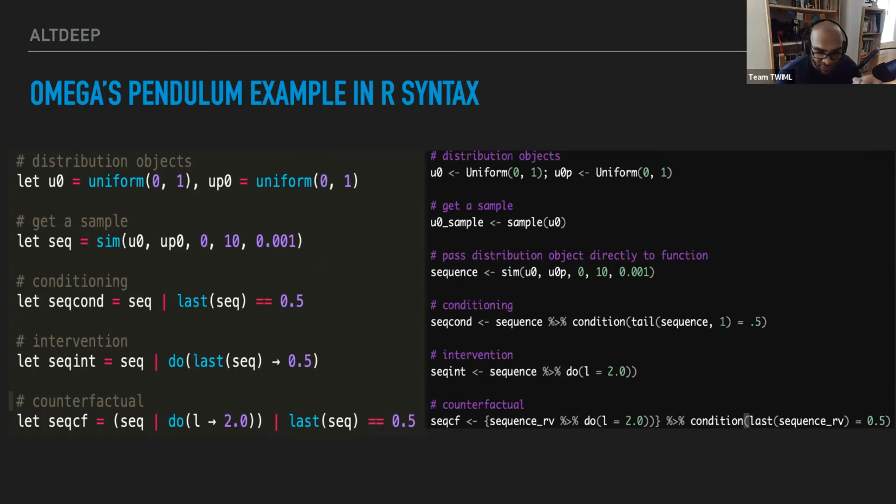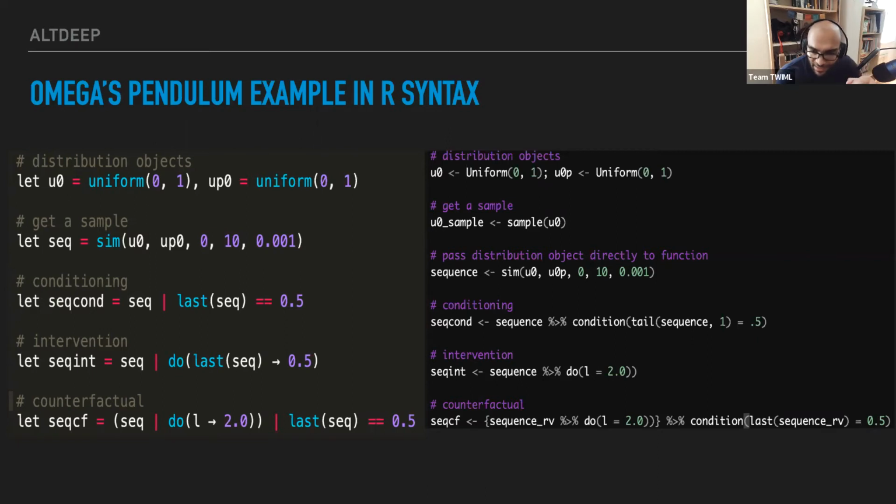It does feel very intuitive in terms of the twin-world counterfactual, where we observe that the last element of the sequence is 0.5, and then we condition an intervention model on that outcome and use that to get our counterfactual. That corresponds with Pearl's abduction, action, prediction algorithm in twin world counterfactuals.